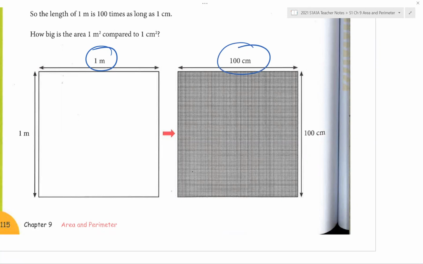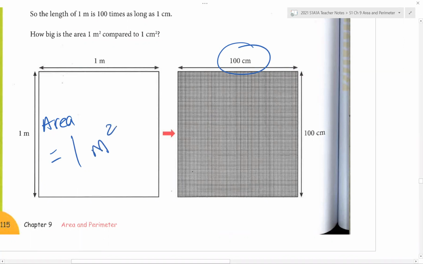What is the area for the square on the left? 1 times 1. Take your calculator, press. What's 1 times 1? 1. What are the units? Square meters. Right? Now, what about the shape on the right?